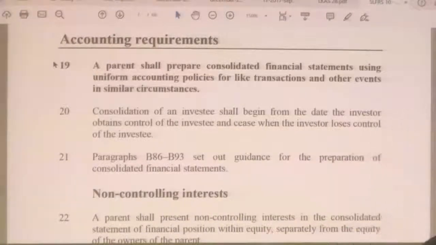Underline the words uniform accounting policies, which means the subsidiary and parent company both should follow the same set of accounting policies, right? For like transactions and other events in similar circumstances, right? Fine. Para 19, accounting requirement, as well as go and see B86.